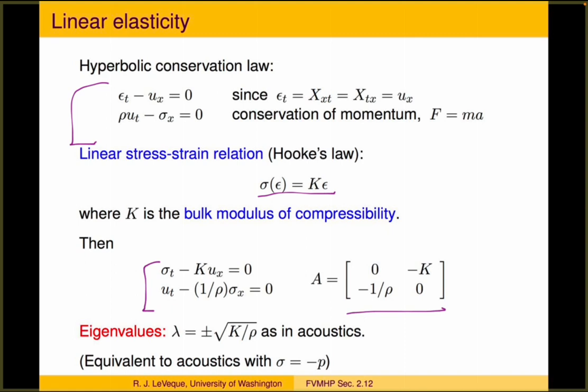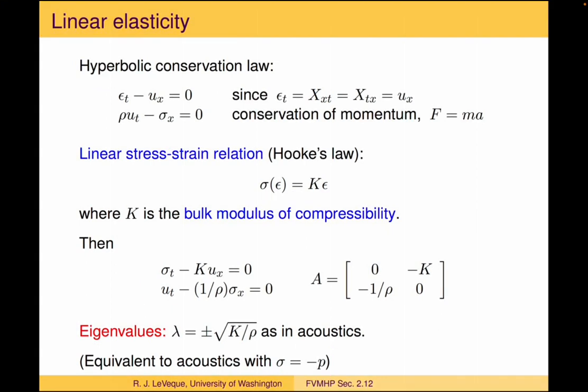It only has a minus sign instead of a plus sign, and that's because this is really equivalent to acoustics, but the sigma, the stress that's defined in the elasticity, has the opposite sign of the pressure that's defined in gas dynamics typically. But it's basically exactly the same equations. So when we linearize elasticity or when we linearize gas dynamics, we get systems of this form.